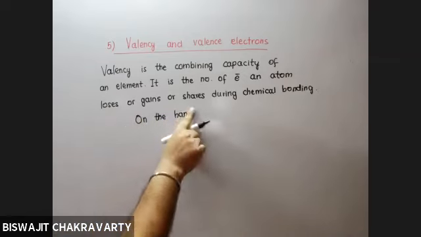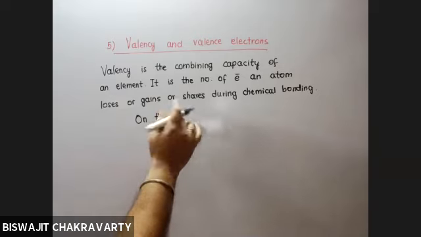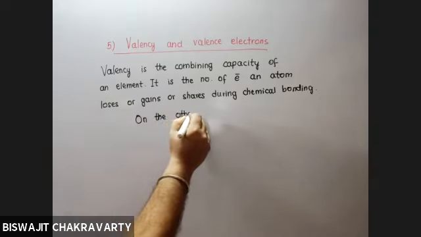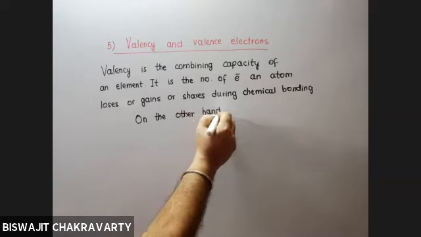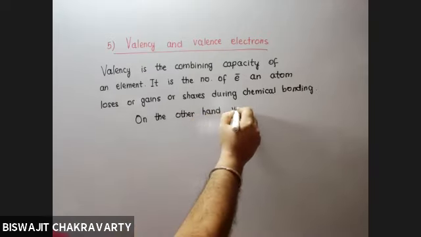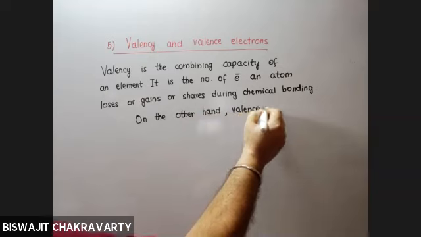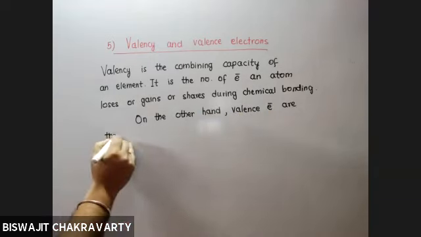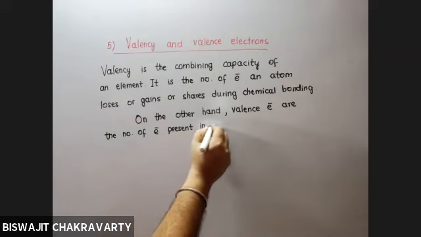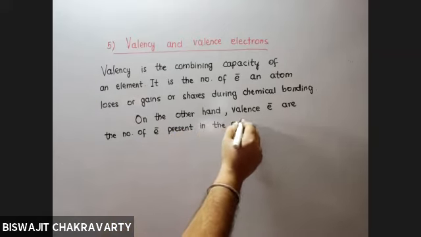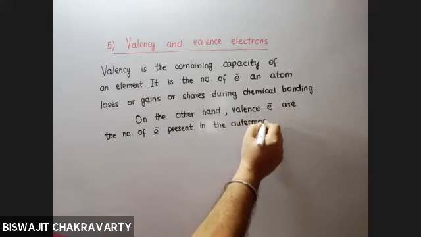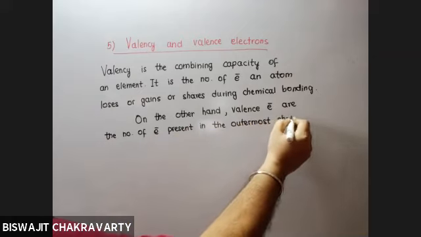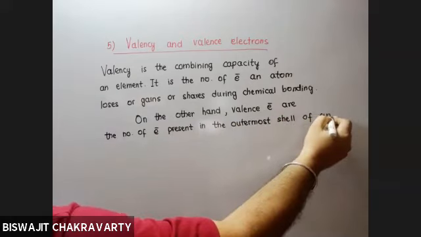On the other hand, valence electrons are the number of electrons present in the outermost shell of an atom, isn't it?